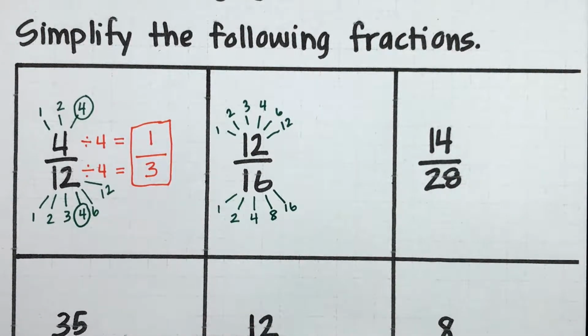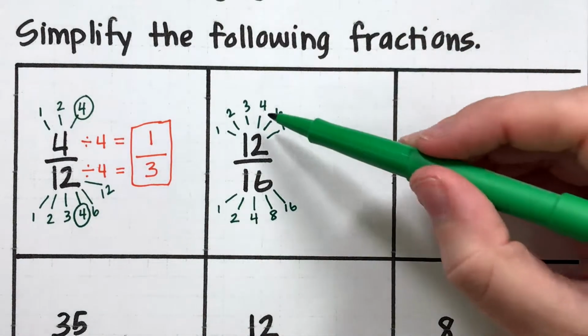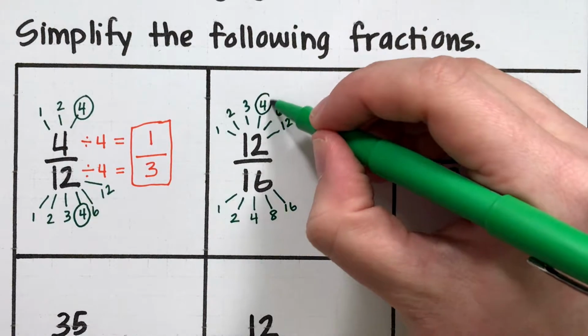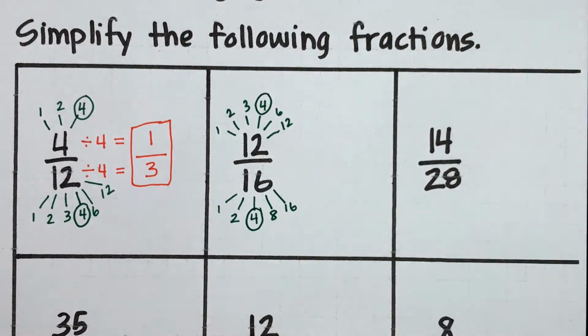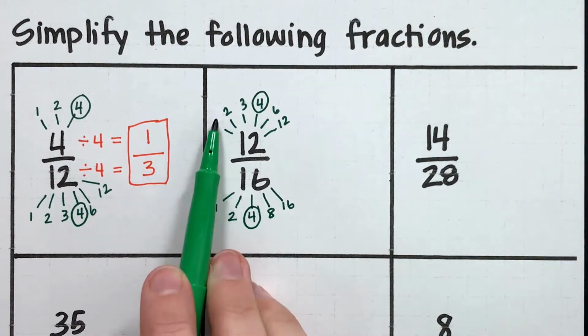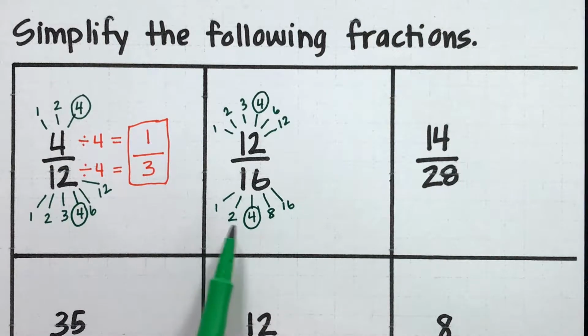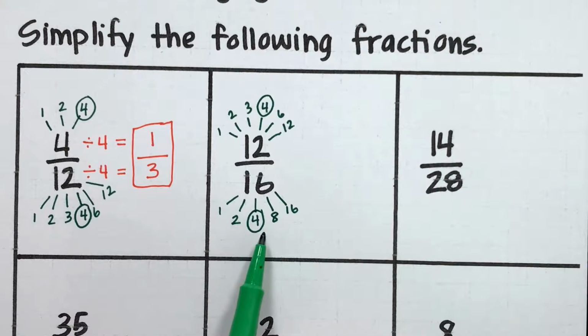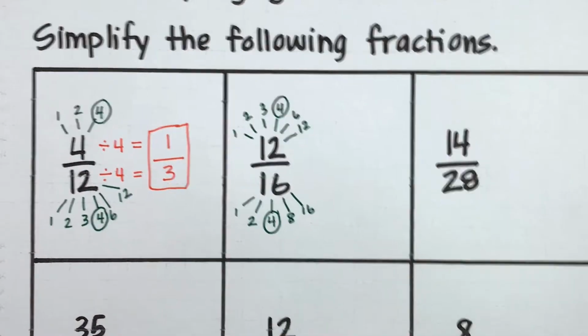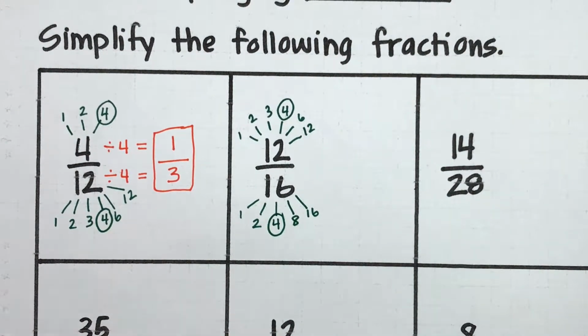So these are all the factors, and then we just have to look and see which one is the biggest they have in common, and I can see that again 4 is the largest factor that they have in common. They both have 2 in common as well, but that's not the greatest common factor. We want the largest factor they have in common, so in this case that would be 4.